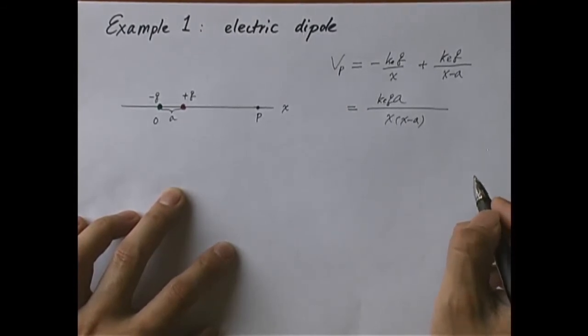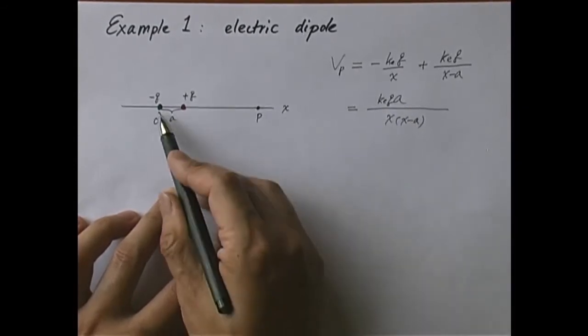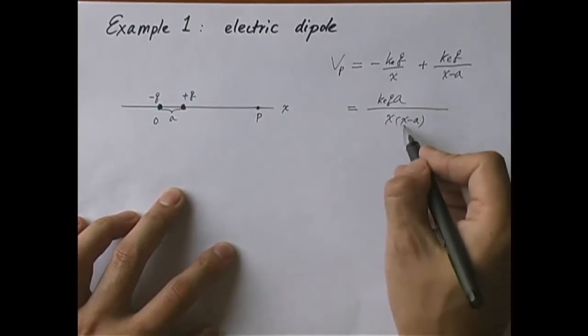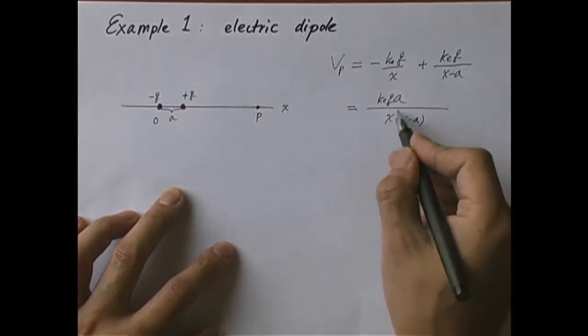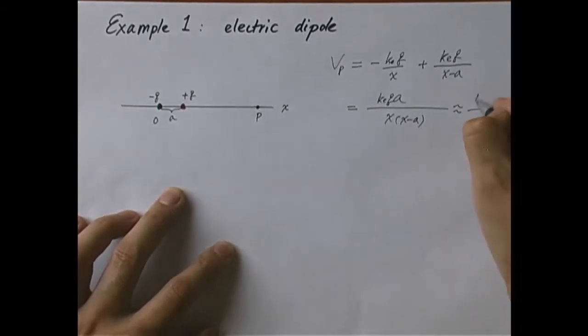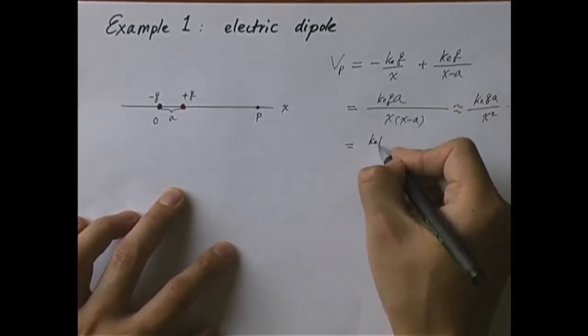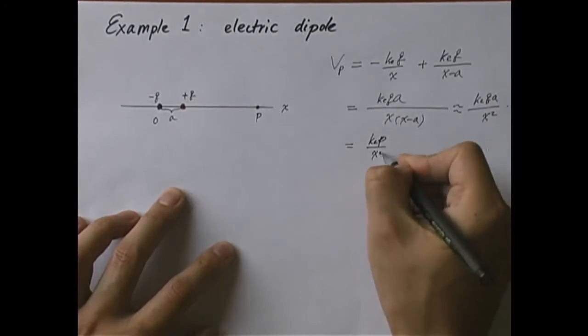All right, now we wish to simplify this, knowing that a is far less than x, so x minus a is roughly just equal to x, so the denominator is roughly x squared, so I can write this as kqa over x squared. And qa, as you know, is just the dipole moment p, so this is just kp over x squared.